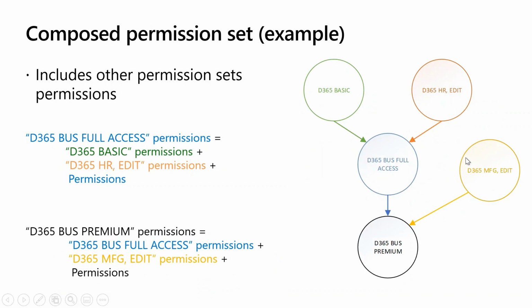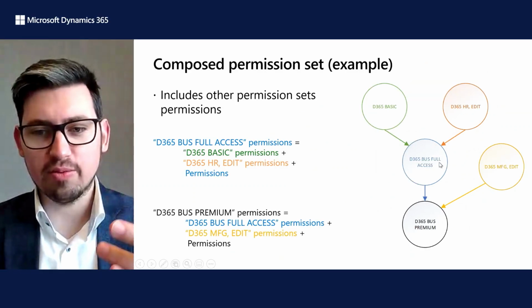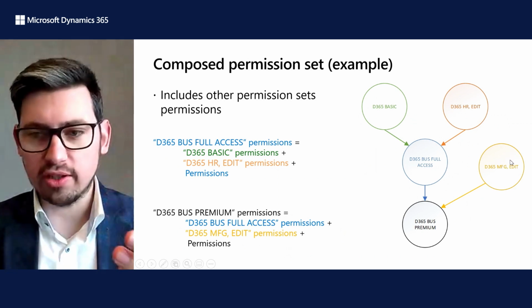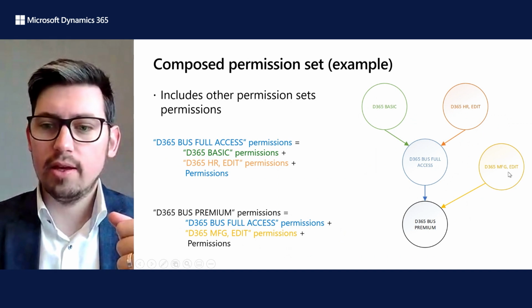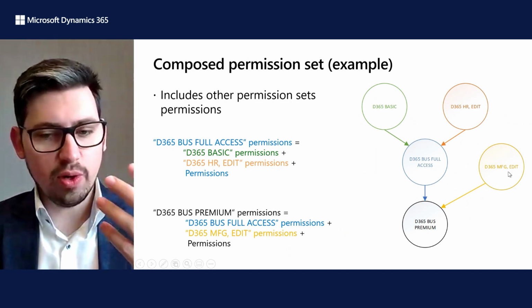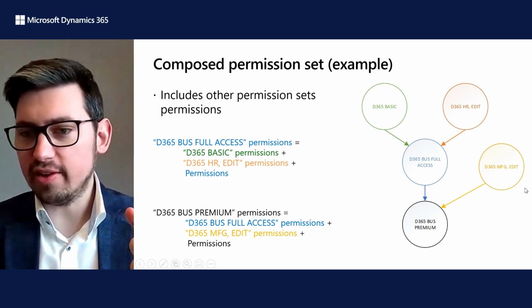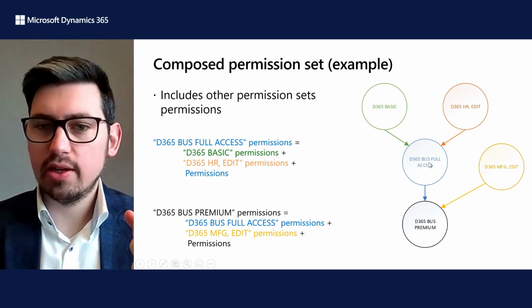So let's look at a concrete example. Inside the application today, we have Dynamics 365 Business Premium. Well, this permission set includes other permission sets, Dynamics 365 Business Full Access and Dynamics 365 Manufacturing Edit. What we would like to have is the resulting permissions of this permission set and this permission set.